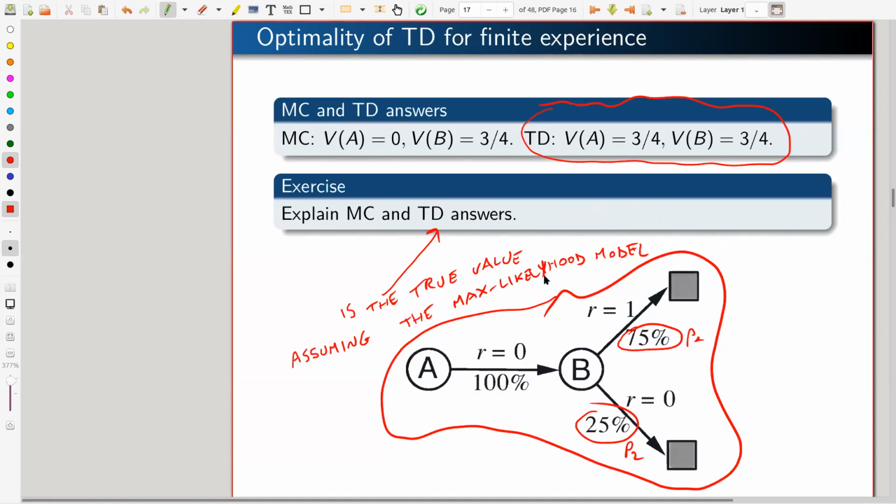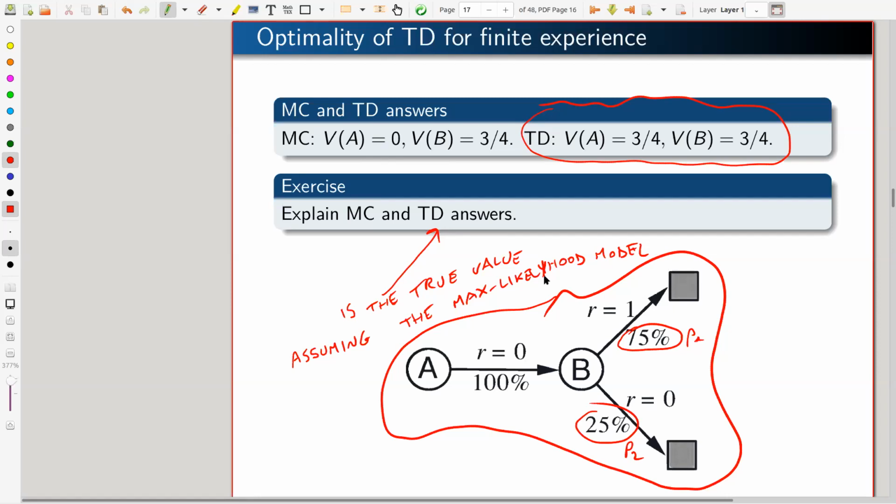And after that, temporal difference will compute the true value. So in this sense, the temporal difference answer is the true answer, given just the experience that we have. Okay.